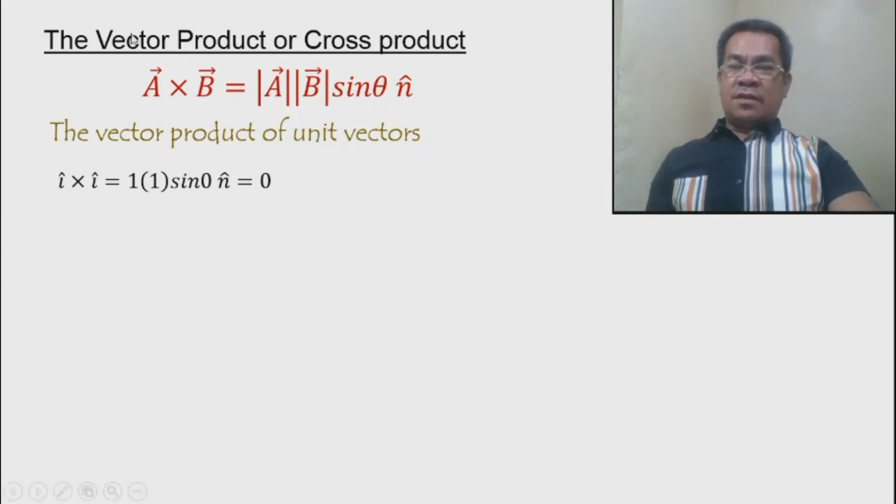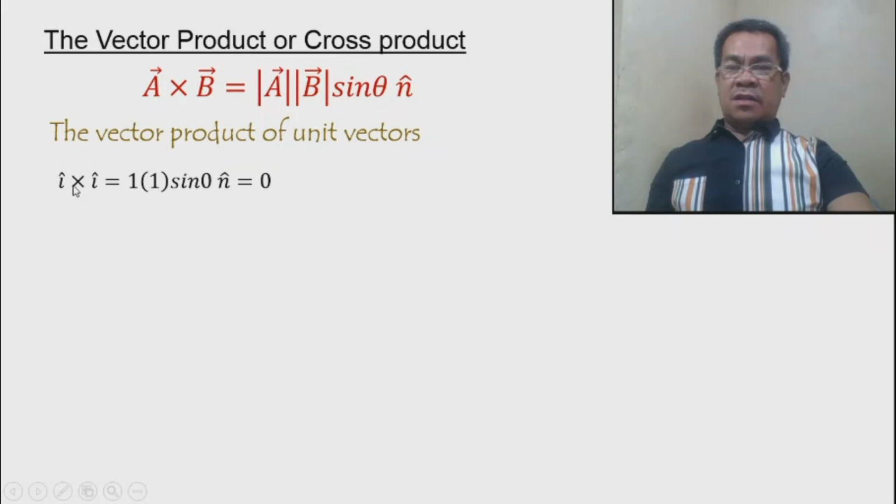Okay, so I cross I means the magnitude of I is 1, the magnitude of the other I is 1. Now, take note that the angle between them is 0. So the sine of 0, take note, is 0. If you multiply, 0 times 1 times n hat, it is 0. So the cross product of a unit vector with itself is 0. Why?